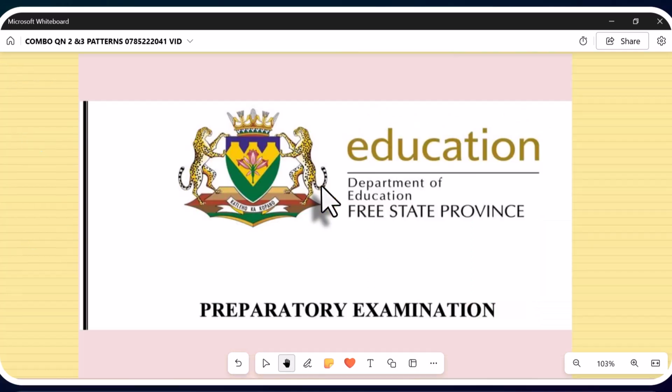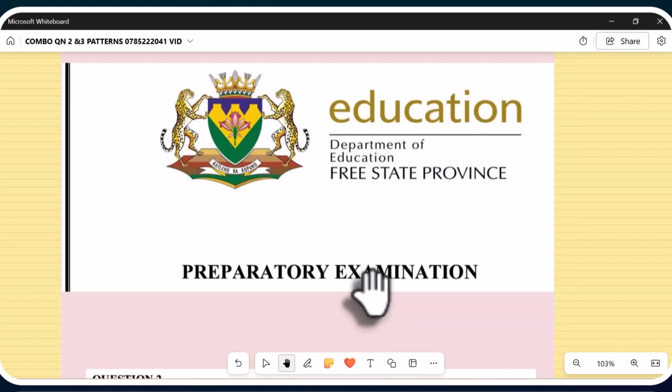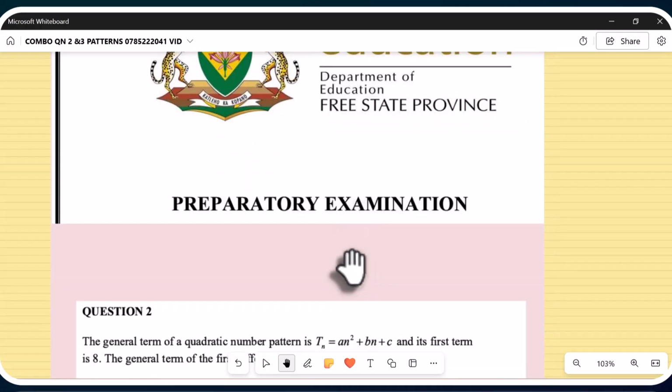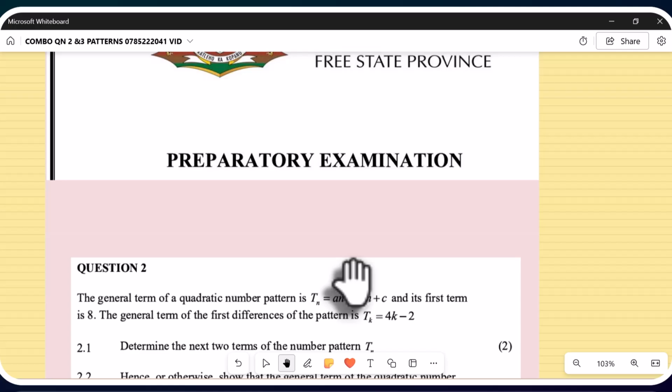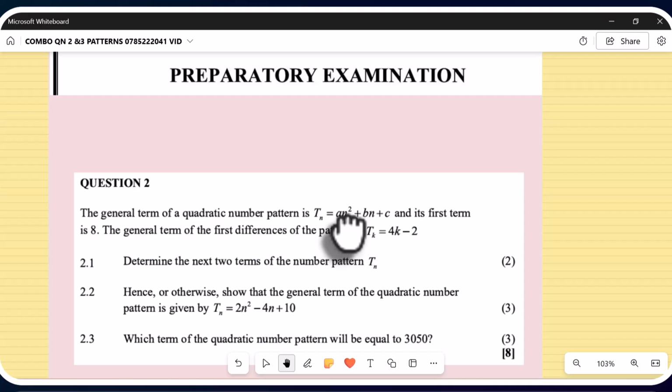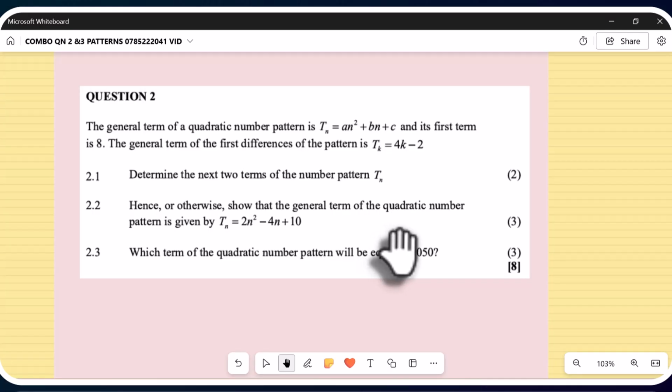Because we have this, we can find our second difference. Remember our first term there is 8, followed by 10, and followed by 16, and so on.